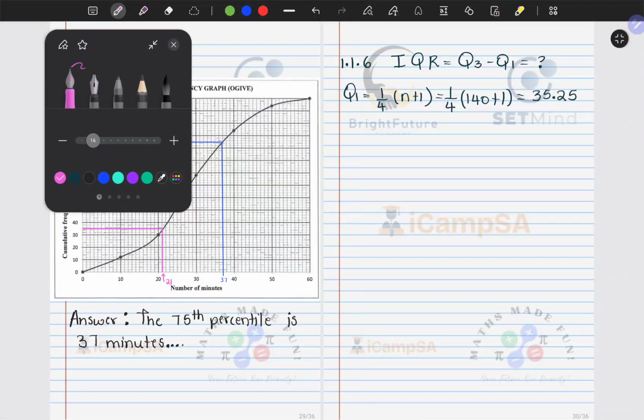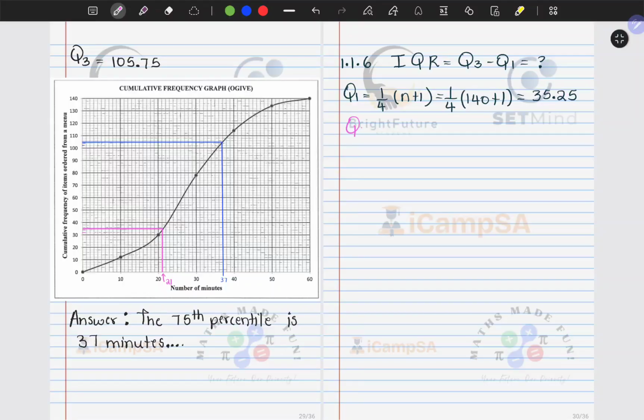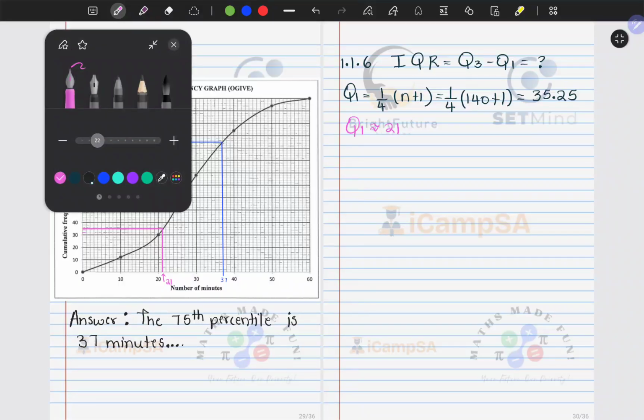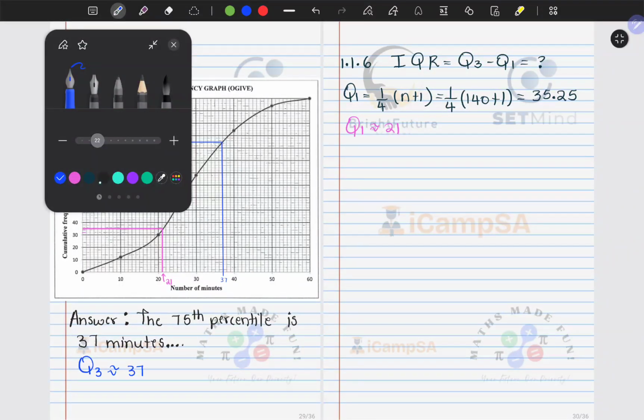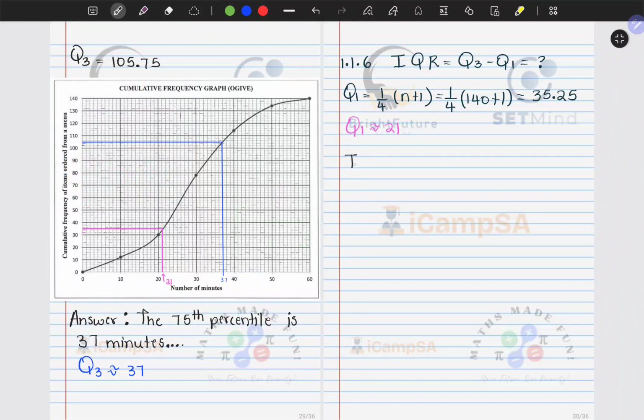So I can go ahead now and approximate our Q3. Our Q1 is approximately 21. And our Q3 in blue is approximately 37. So now I can go ahead and find our interquartile range.